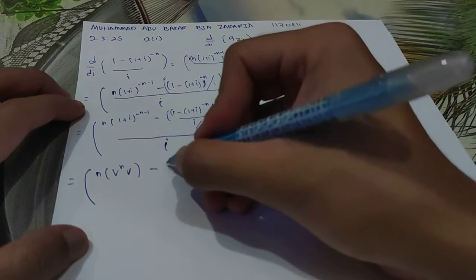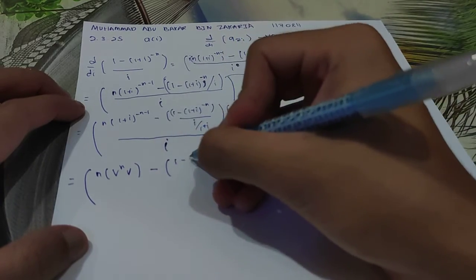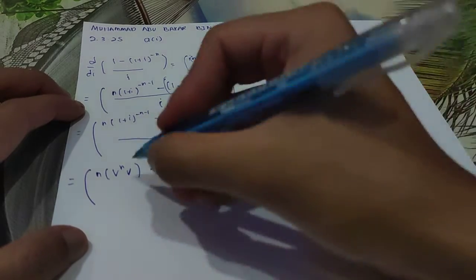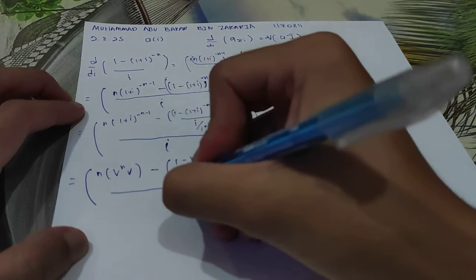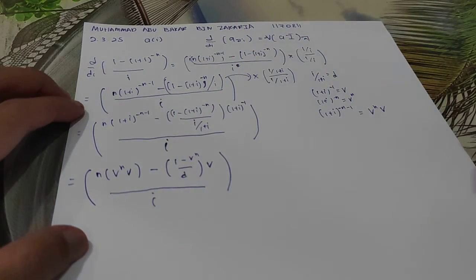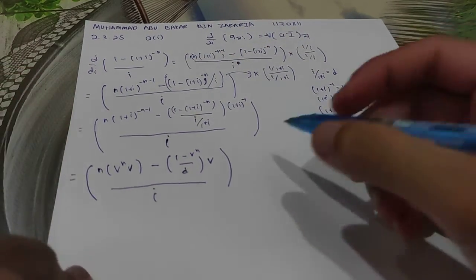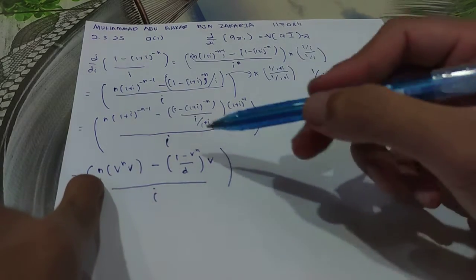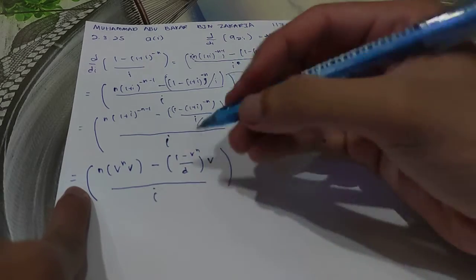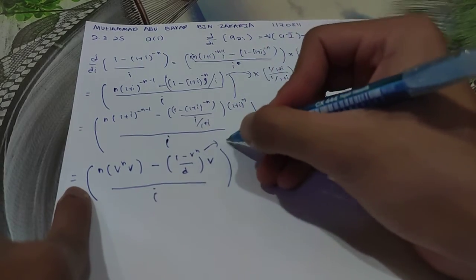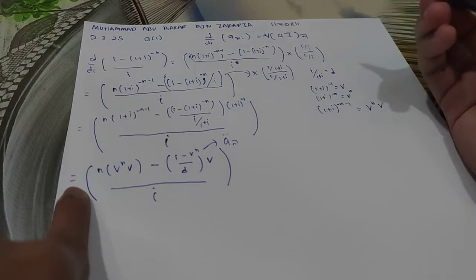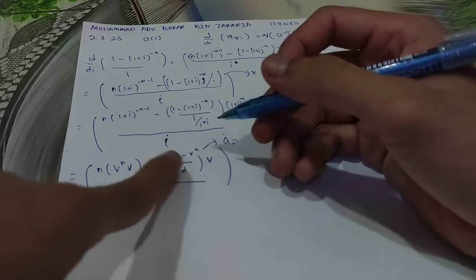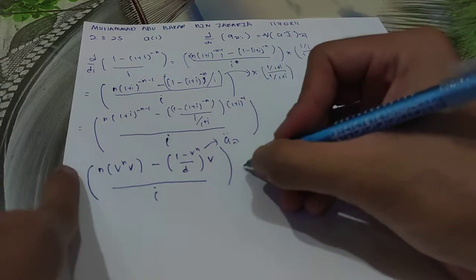We know that this will be like this, and this divided by i. From this equation we can see this term can be annuity-due, and there is v on this side and on this side, so we can factorize this.